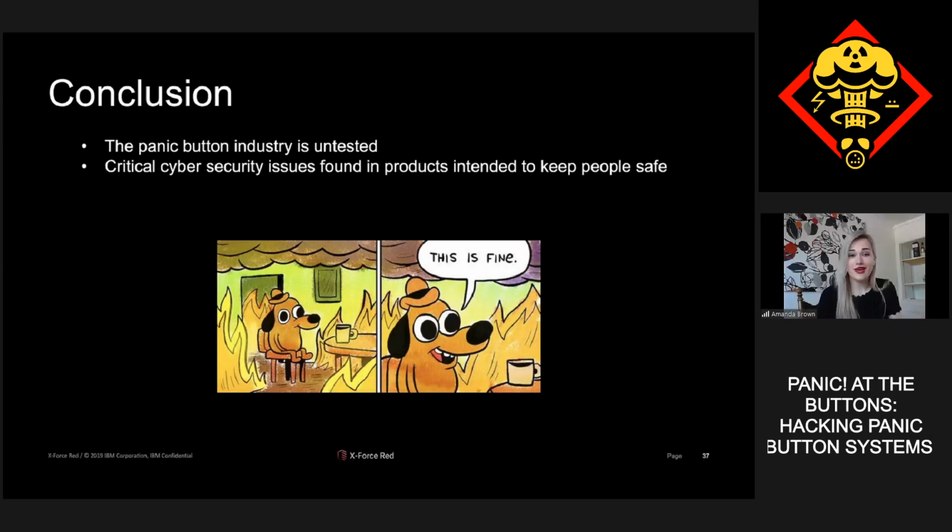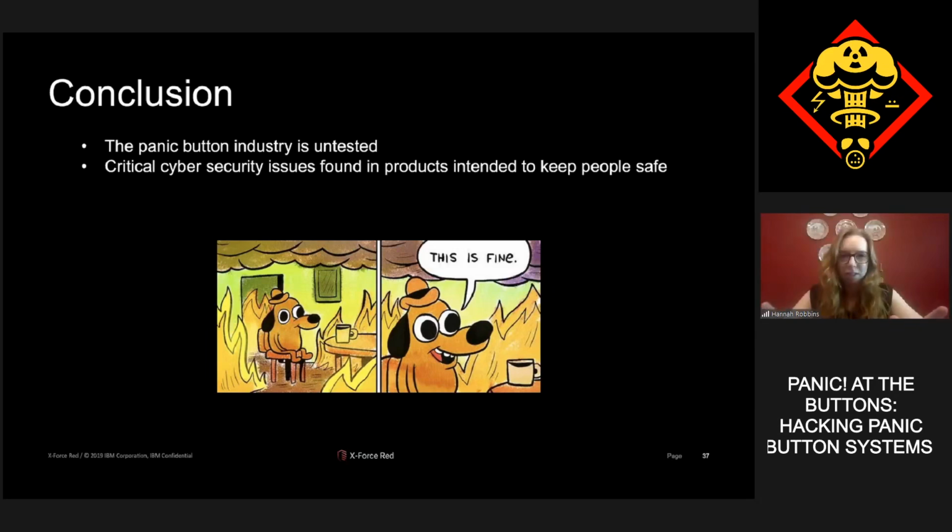And even just with that, what we found was alarming. We took you through a bunch of fictional scenarios. None of the companies that we mentioned in our attack scenarios are, as far as we know, using any panic button product. But we showed you that there are critical cybersecurity issues in products that are intended to keep people safe. The very thing that's supposed to help them is actually opening them up to a wider attack surface.